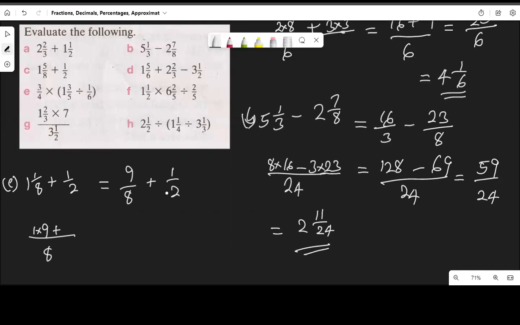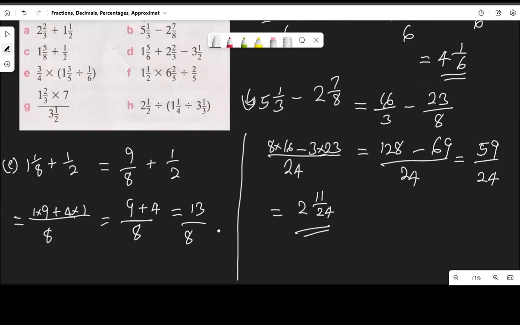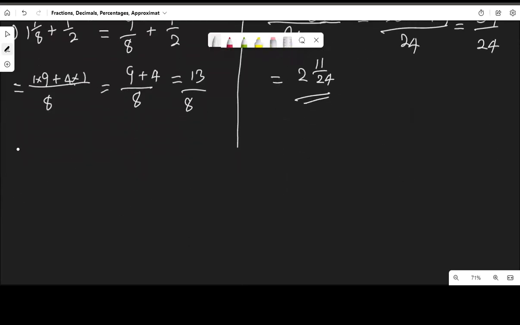Plus 8 divided by 2 is 4, multiplied by 1. 1 times 9 is 9, 4 times 1 is 4, over 8. 9 plus 4 is 13, and 13 over 8. 13 divided by 8 is 1 remainder 5. So 1 whole number 5 over 8.